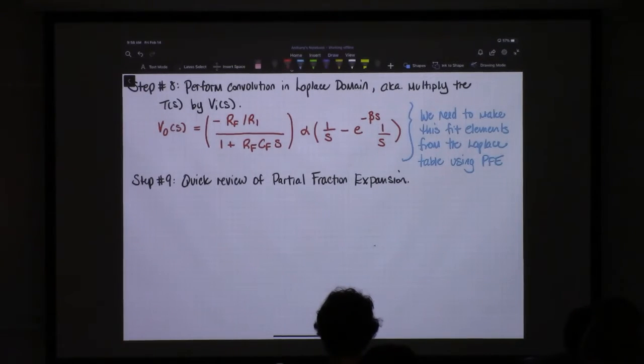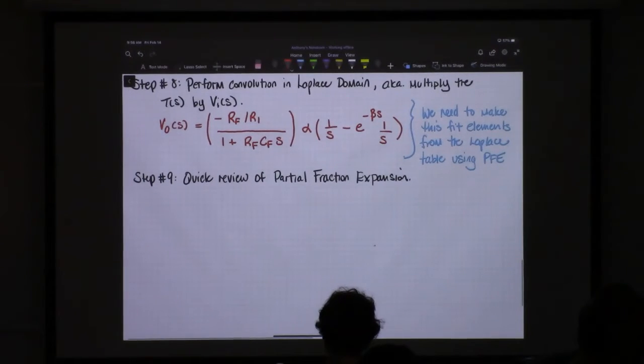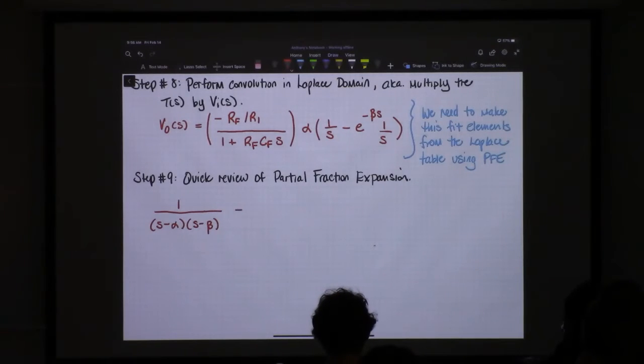Let's say you have something that looks like this. We have 1 over s minus alpha times s minus beta, and that is going to be equal to something called gamma over s minus alpha plus delta over s minus beta.